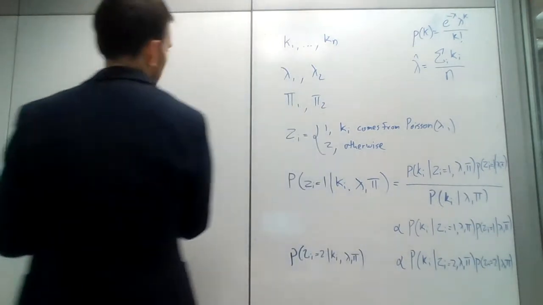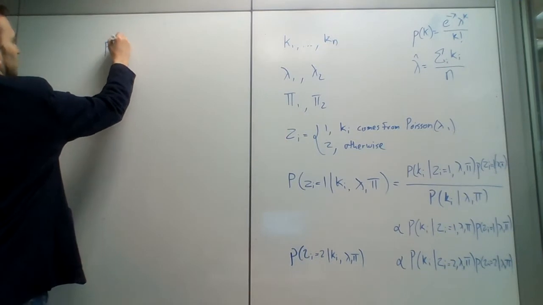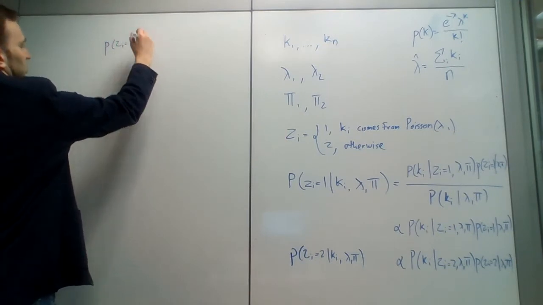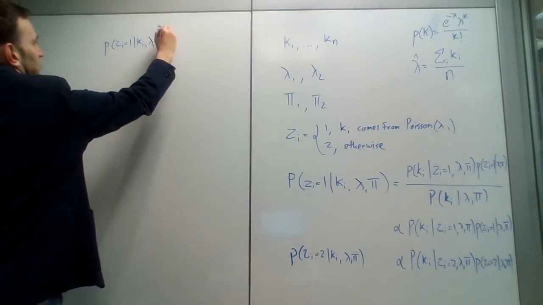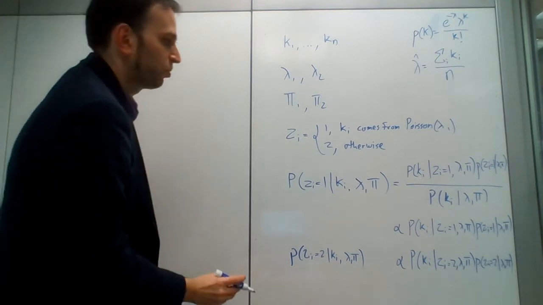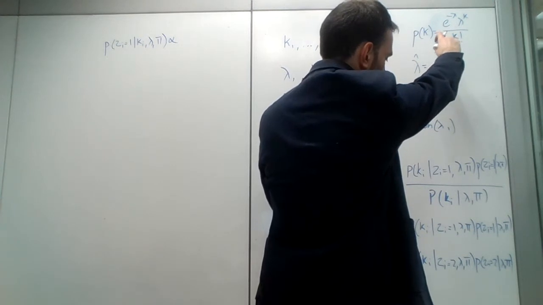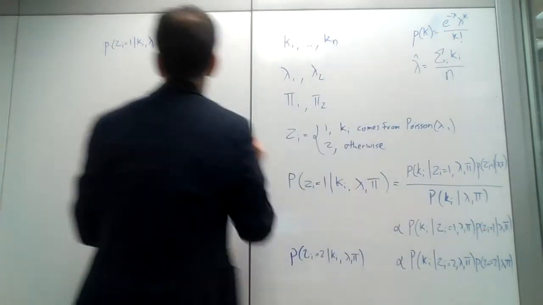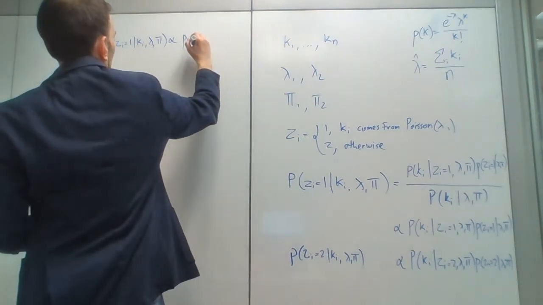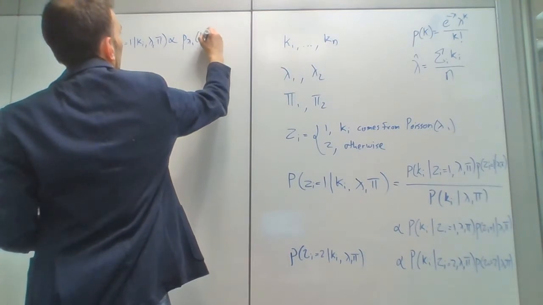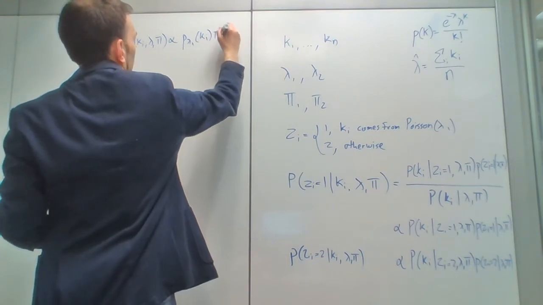So we can say that the probability of zi equals 1 given ki, lambda, pi is proportional to the Poisson probability mass function, p lambda 1 of ki, times pi 1.